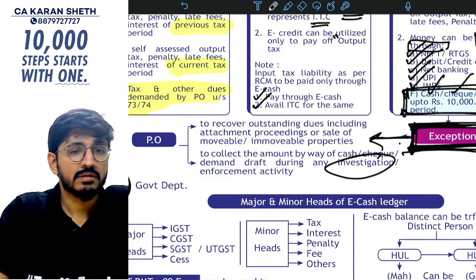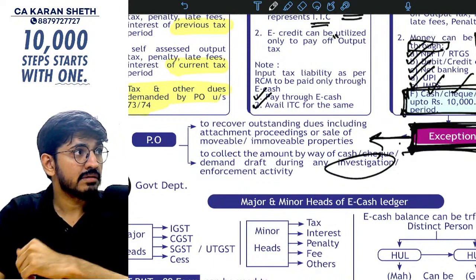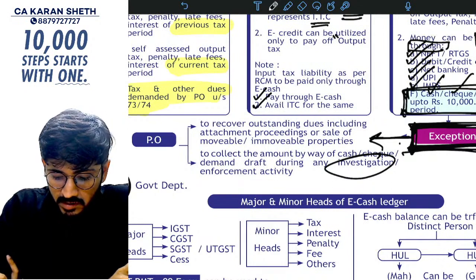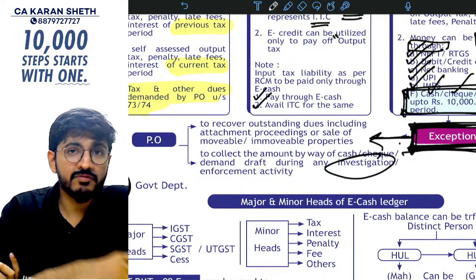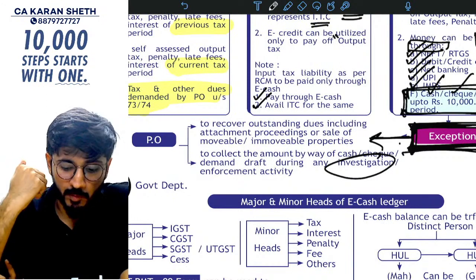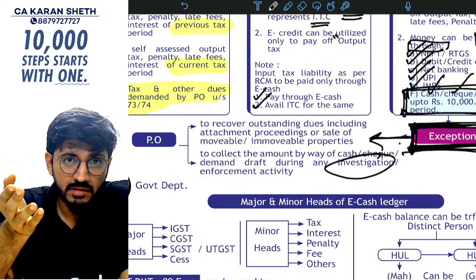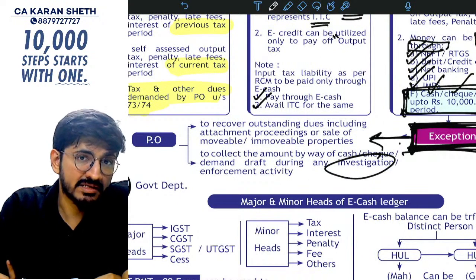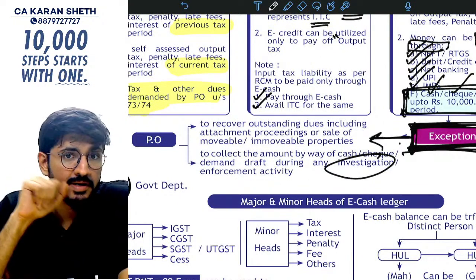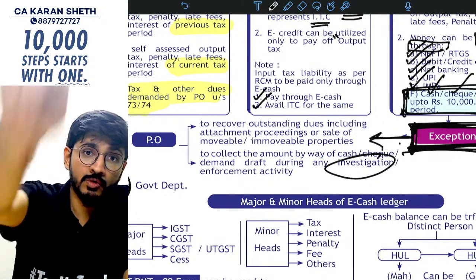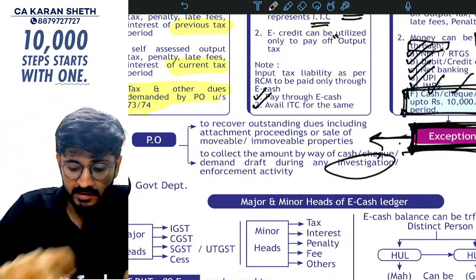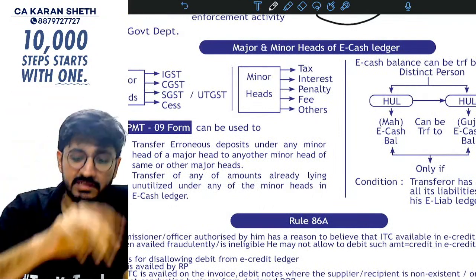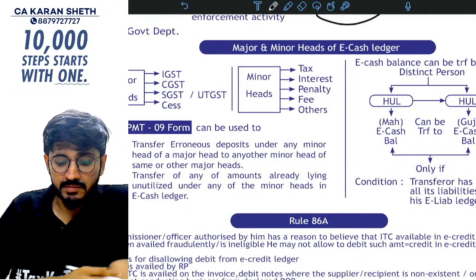That's how it is. So if the government has to deposit, if the proper officer has to deposit, understand one thing: they don't have any restriction of that 10,000 limit. The restriction is on you, not on the government. That's it. Okay, done.